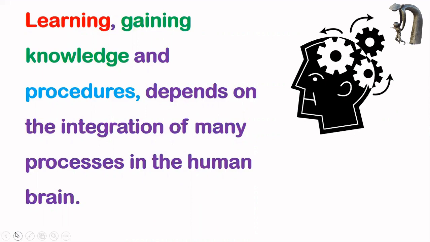As I said to you, in the human brain, there are lots of machines, a lot of ways, a lot of neurons, nerves, which have to process together. Unless they process together, you may not get a better result. You may not be able to get what your expectation is. So learning, gaining knowledge and procedure is where they have to work together to process.